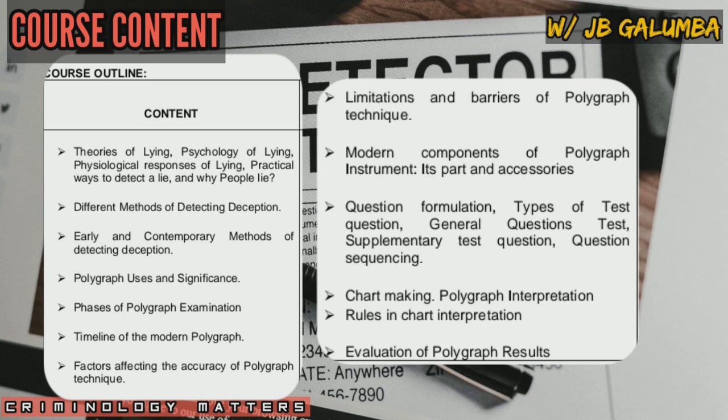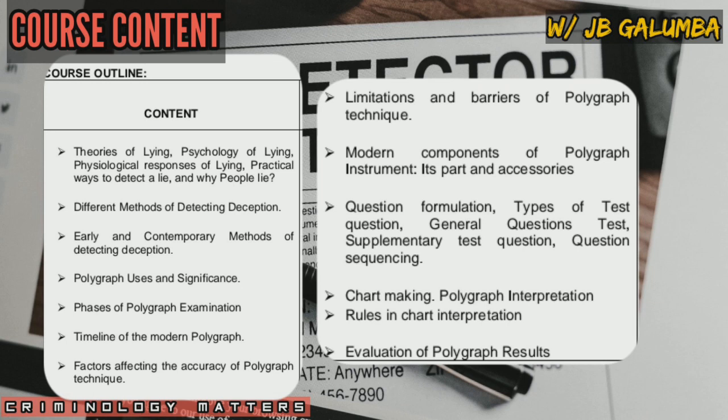Polygraph examination is also complicated. It is not done by just one sitting alone. It passes through different phases, stages, and processes before we could get a reliable result.